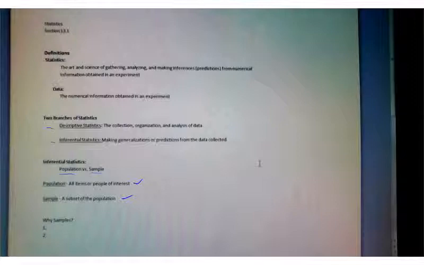Now what we do is we gather data on a sample and then use that to make an inference about a population. For example, exit polls during presidential elections are a great example. Random people are asked who they voted for as they exit the polling stations. Not everybody is asked, just random people.